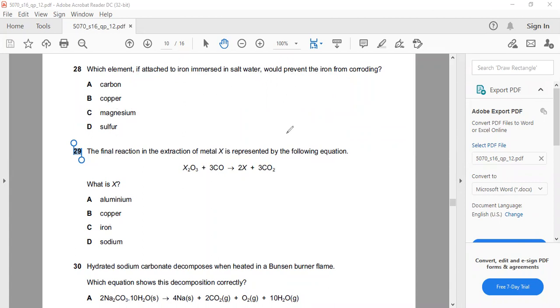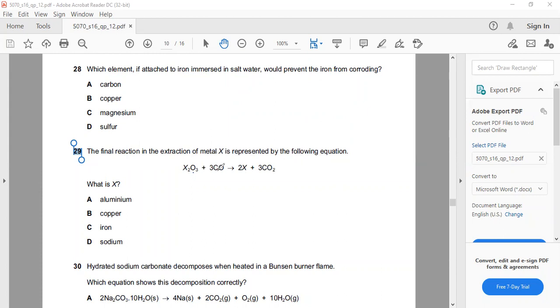Extraction of metals. All these questions are about metals and the reactivity series. Carbon monoxide can take oxygen from a metal which is less reactive. The extraction of metal X is represented by the following reaction.